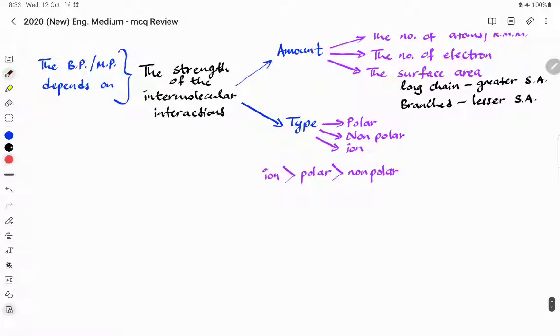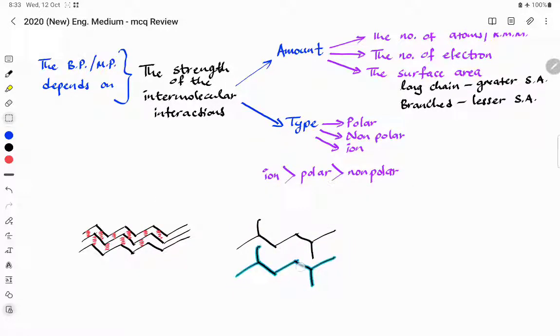Let me show you that long chain alkanes have greater surface area. Let's say this is a long chain hydrocarbon and they can be closely packed. Since they can be closely packed like this, they can form stronger London forces and also a greater number of London forces. If we take a branched alkane like this, when you try to arrange them closer to each other, you can't arrange them very close to each other like we did in the linear chains because they are branched.